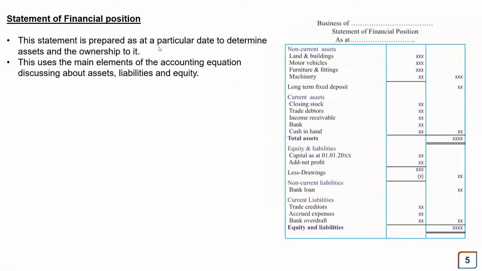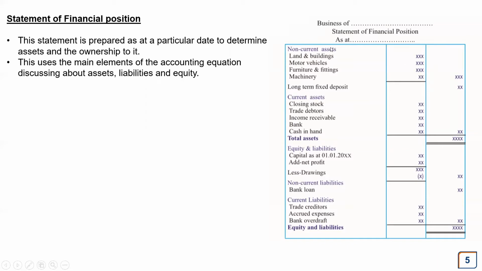Then the statement of financial position. It is prepared as at a particular date to show the assets and the ownership of them. Only the three main elements of the accounting equation, the assets, liabilities, and equity, will be considered here. We write the business name, the statement name, statement of financial position, and as at a particular date.